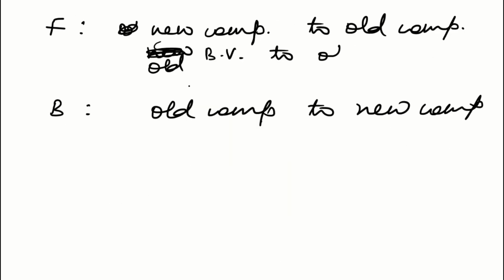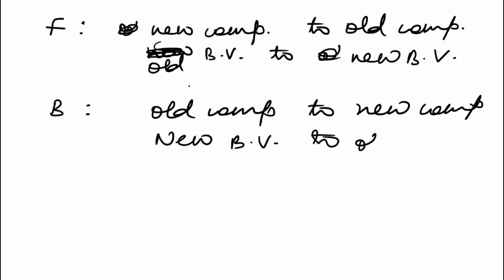And what B does? From new basis vectors to old basis vectors, right? So you can say F, for components, will take you from new to old, and for basis vectors from old to new.